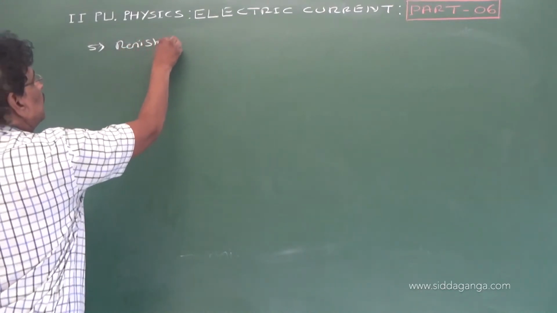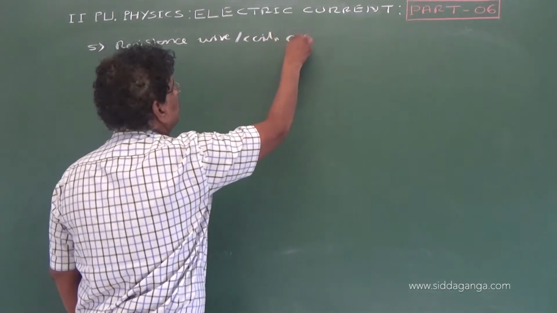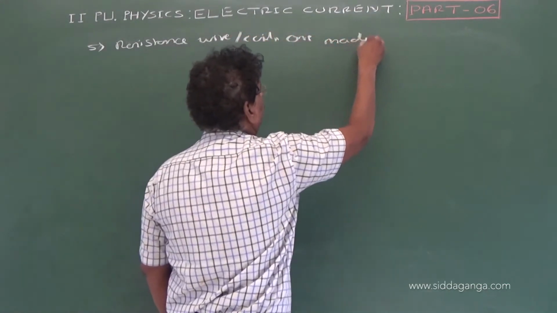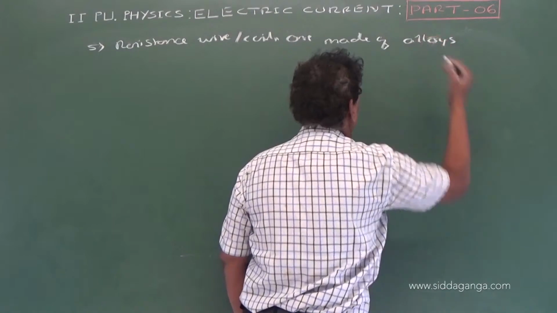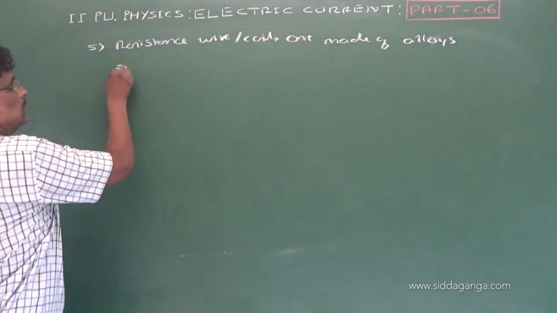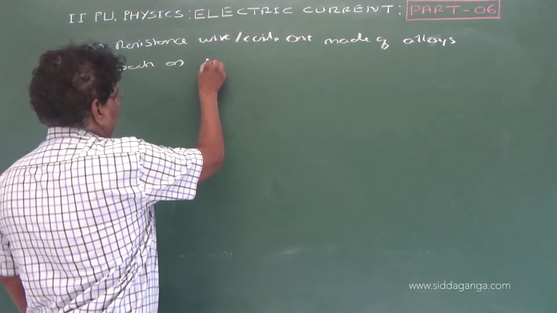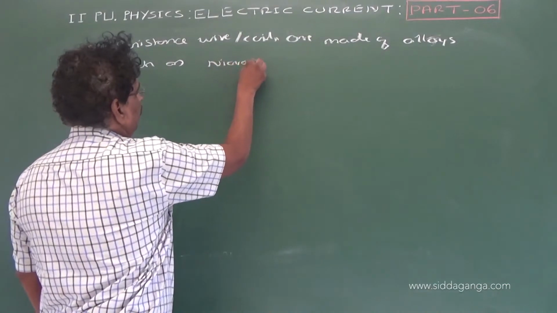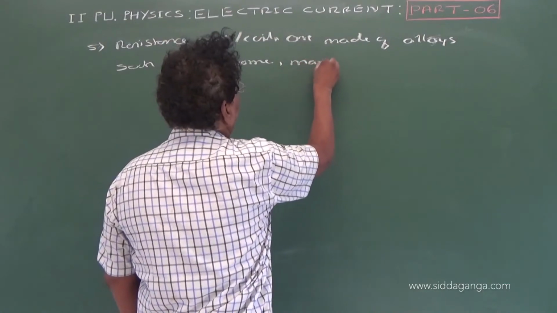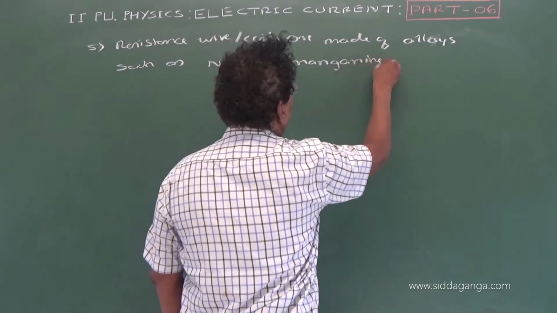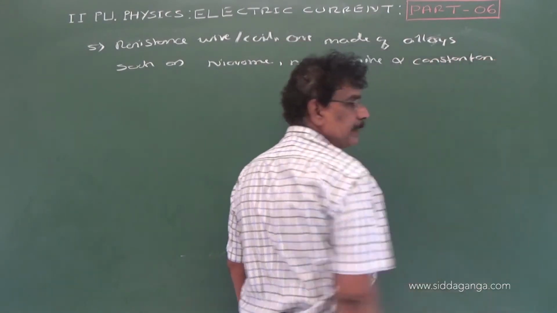here resistance wires or coils are made of alloys such as nichrome, manganin and constantan.